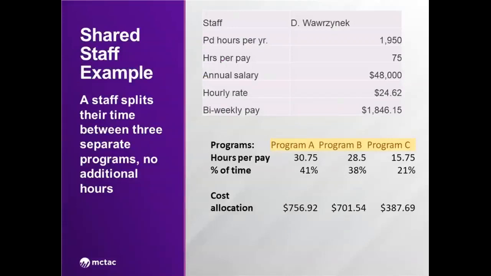So let's go on to, those are your operating expenses. In many cases, you're able to direct charge or identify costs that are program specific. You may have specific types of supplies that one program will use and the other will not, and you can assign those.